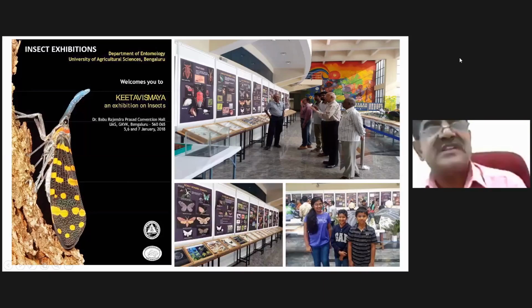These are of aesthetic value, you can see here. This is the Rajendra Prasad auditorium, which is next to our Ganesha temple. Inside this insect exhibition, many students from outside had a good time observing the insects and enhancing their knowledge.